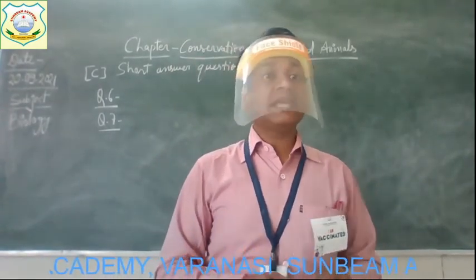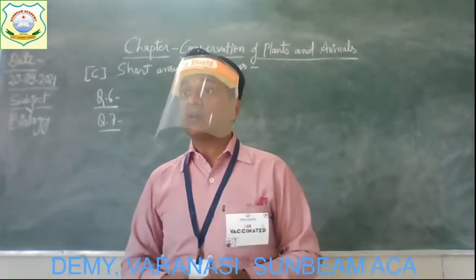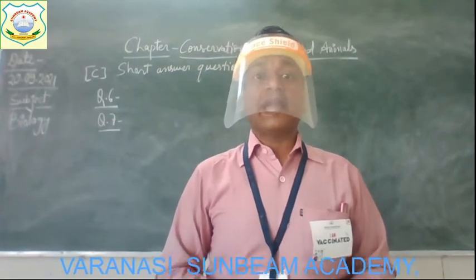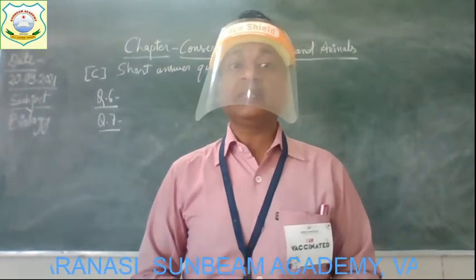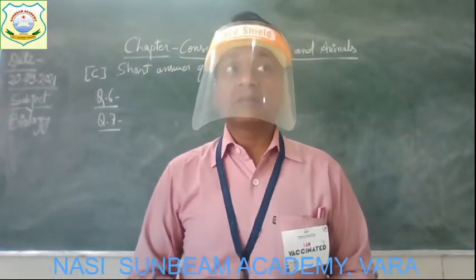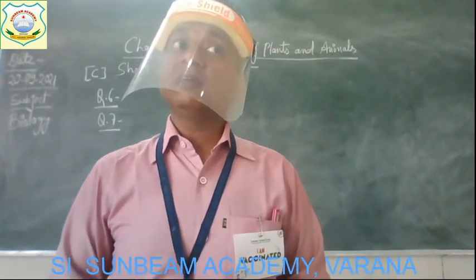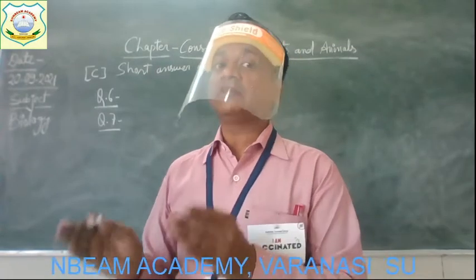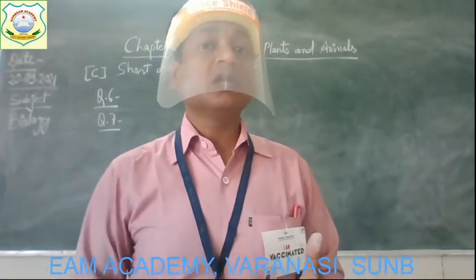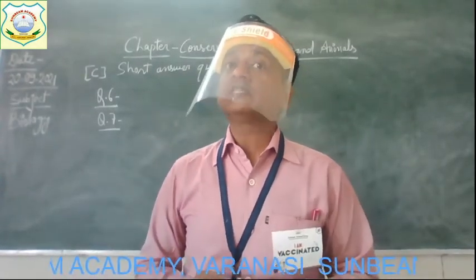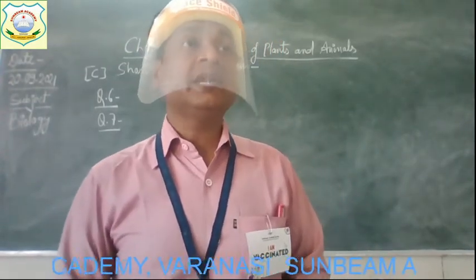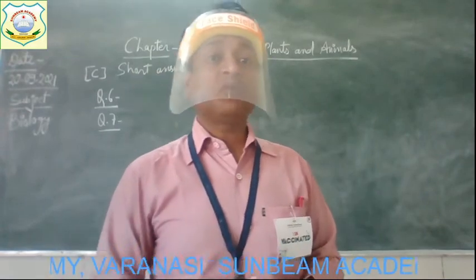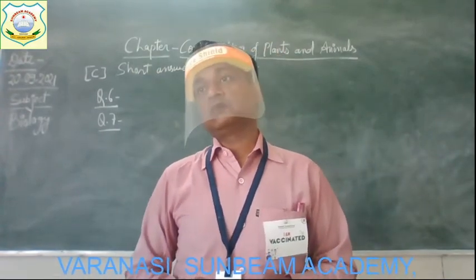We have discussed that IUCN is an international organization, and its full name is International Union for Conservation of Nature and Natural Resources. This organization prepared the Red Data Book to highlight those animals which are threatened with extinction and with the aim of promoting their conservation.